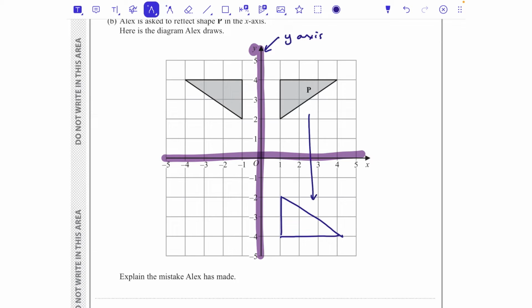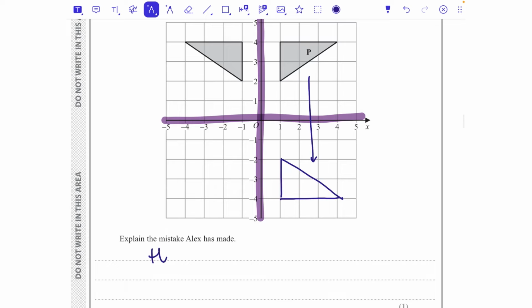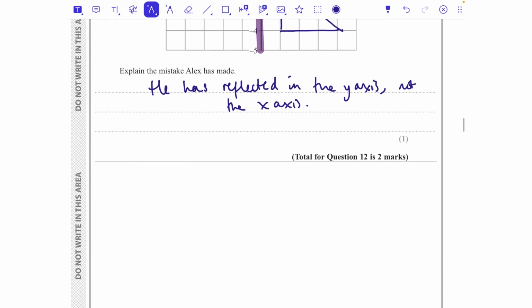It should be down there like that. So he has reflected in the y-axis, not the x-axis, for 1 mark.